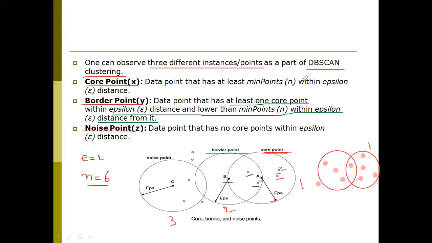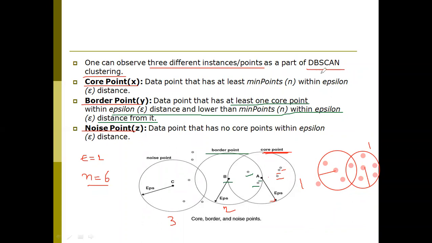Assume this is the center point for this, and this is the center point for this. And here I need to have how many data points? 6, right? 6 minimum data points.